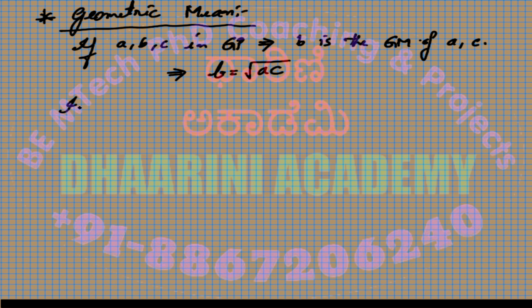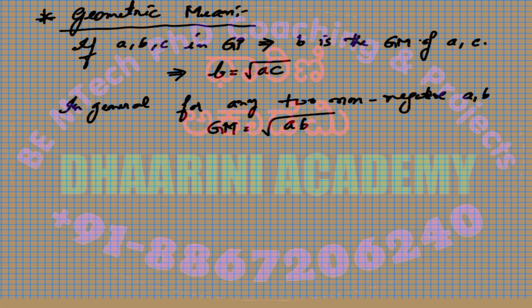So in general, for any two non-negative A comma B, the geometric mean is nothing but simply root of A and B. So AC was the term, the geometric mean was root of AC, right?